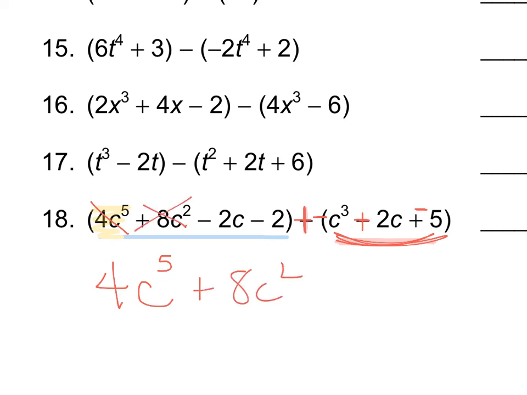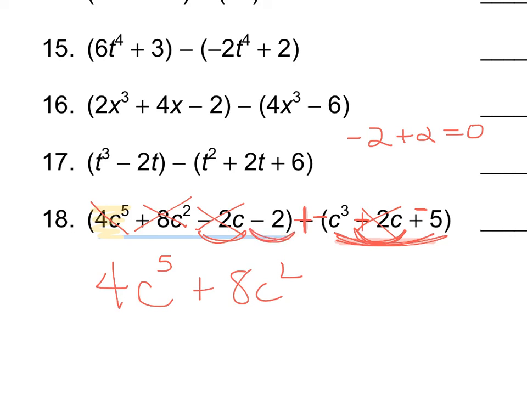Then I'm going to come to my negative 2c. Notice I've got a positive 2c. When the variable has numbers that are going to cancel out, so for example, when I do negative 2 plus 2, that gives me 0. I'm not going to write 0c in my answer. It's gone. The next thing I encounter is going to be the negative 2.